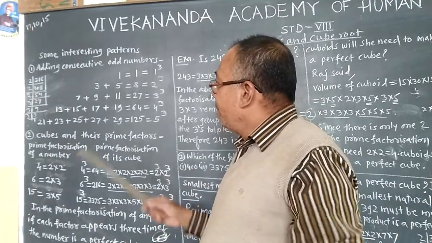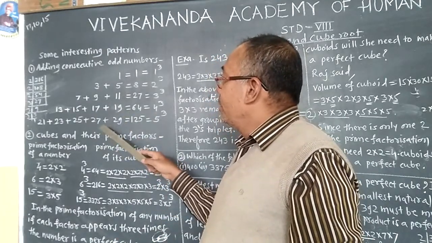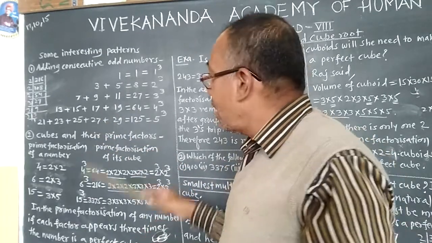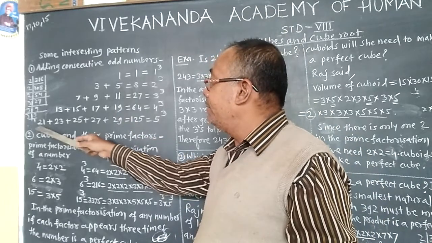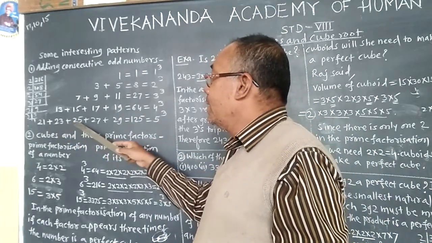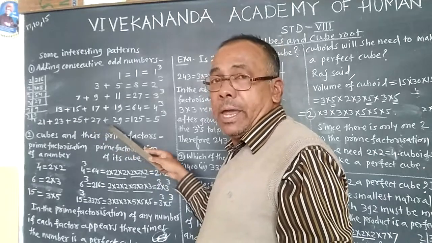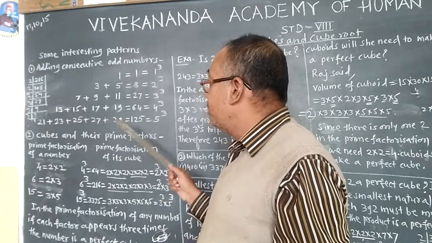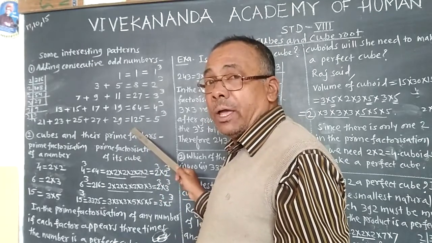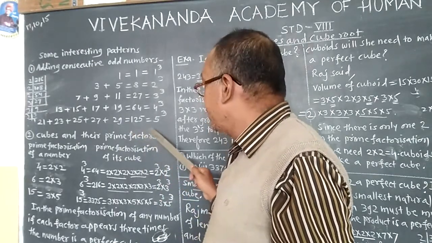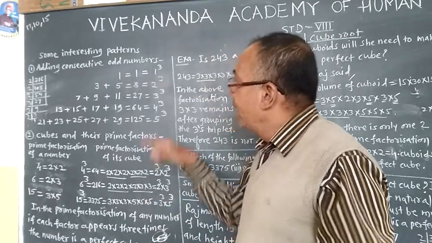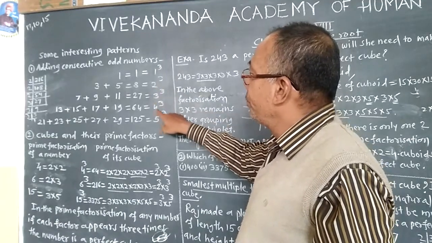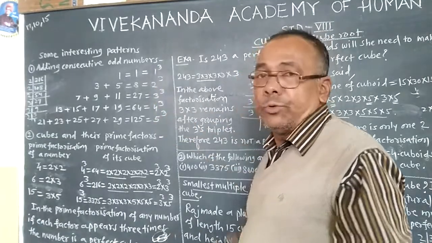Similarly, in the next step we have to take 5 consecutive odd numbers after 19. After 19 we get 21, 23, 25, 27 and 29, and the sum of these odd numbers is 125, and 125 can be written as 5 cube.